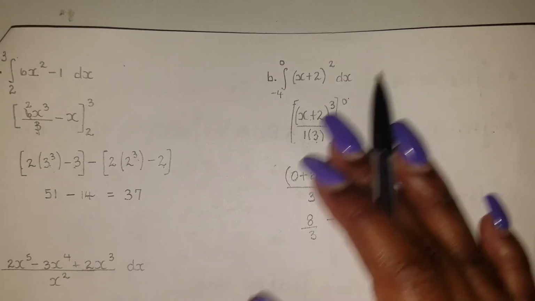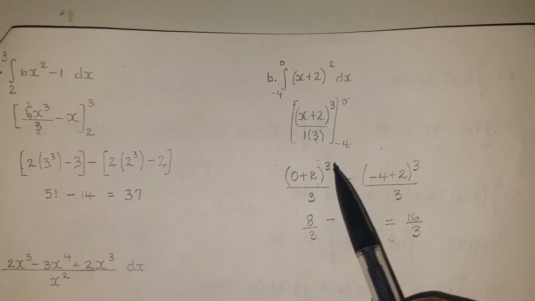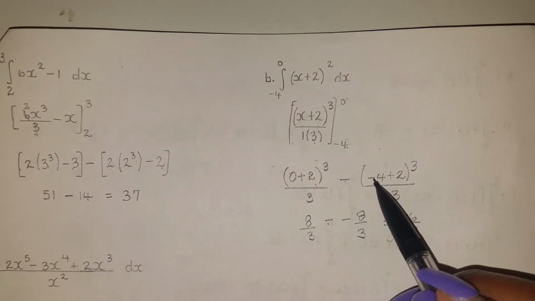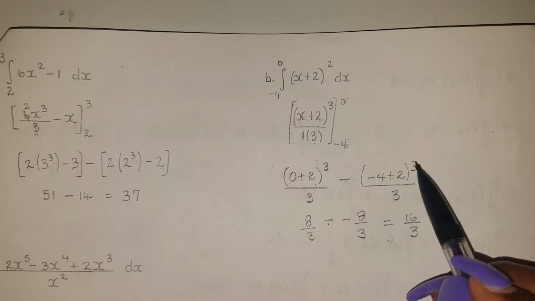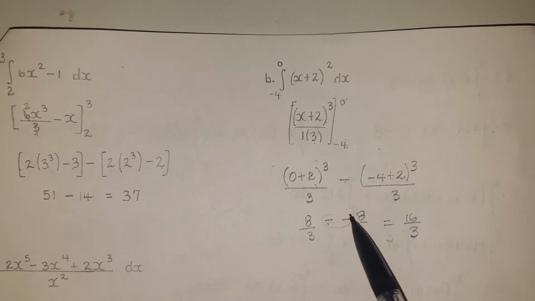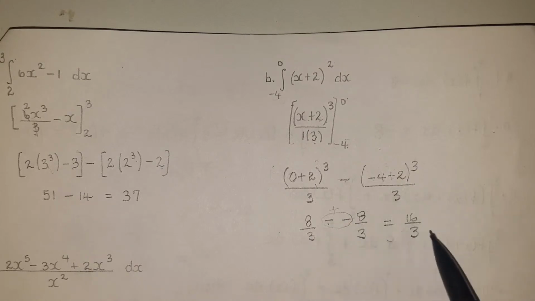So when we evaluate each bracket, this gives us 4 cubed over 3. Minus sign goes back. Negative 4 plus 4 cubed, and we put it over our 3. So now our answer is 16 over 3.